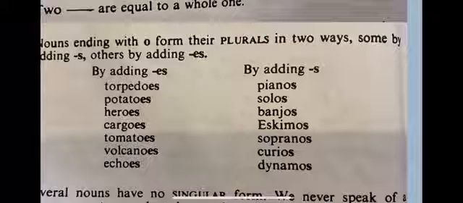Then comes curios. What are curios? Curios means rare, unusual things. Then comes dynamos. What are dynamos? Dynamos means an extremely energetic person. And there's another meaning of dynamos: a spare part of any machine.